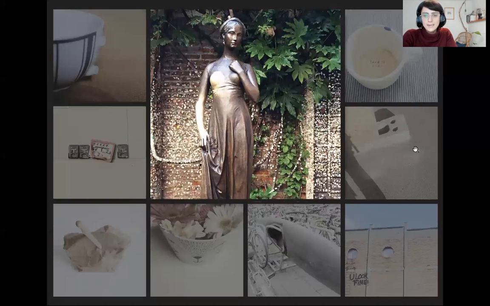Another example, again in Italy, is the statue of Giulietta, of Romeo and Juliet, in Verona. This statue also has the particularity of having an oxidation layer on the surface, which is typical of these materials.